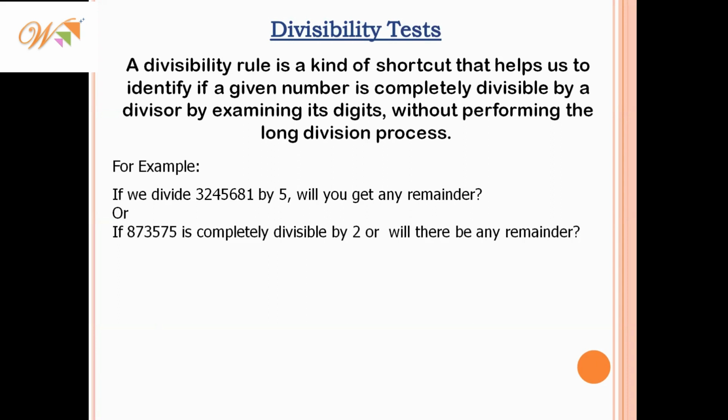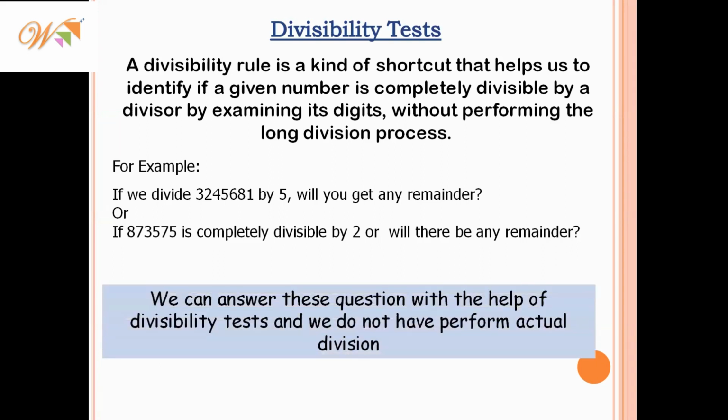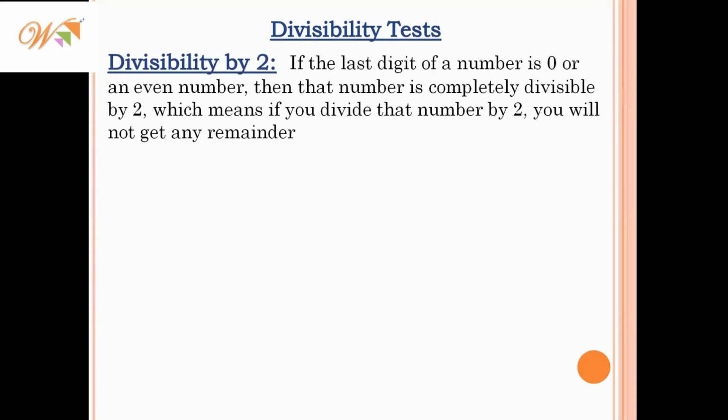Similarly, is 873575 completely divisible by 2, or will there be any remainder? We can answer these questions with the help of divisibility tests, and we do not have to perform the actual division. Now let's start with the divisibility test by 2.